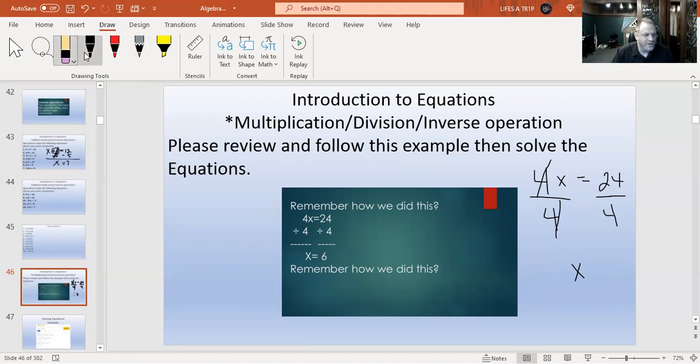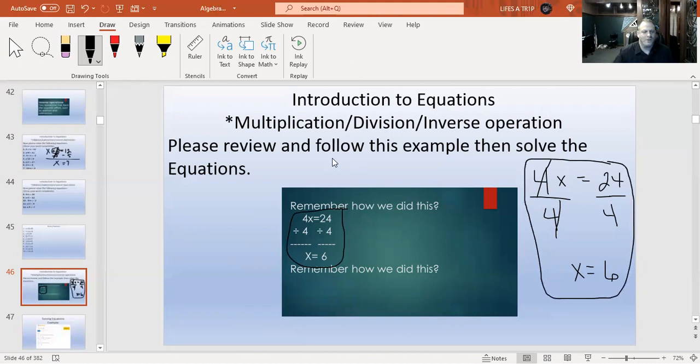Moving on to this side of the fence, 24 divided by 4 is going to be 6. This is another way of doing it right here, but the majority of the time, you will see it happening like this. All right, so now let's move on.